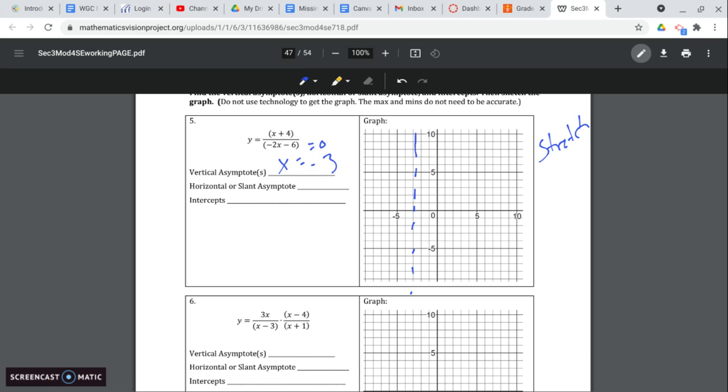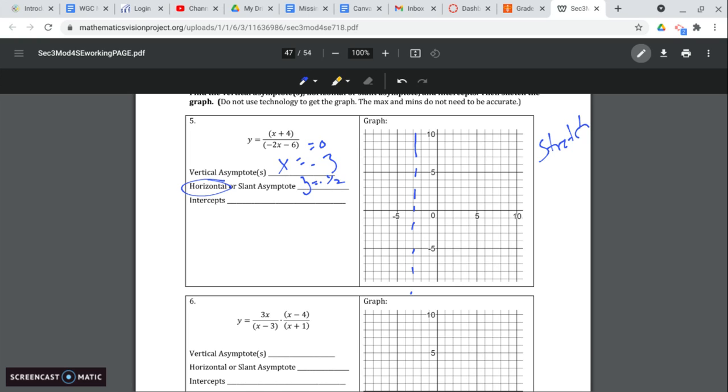Now, the horizontal or slant asymptote, well, looking at this and trying to simplify it, we're going to have a horizontal asymptote at y equals negative 1/2, sorry, negative there.